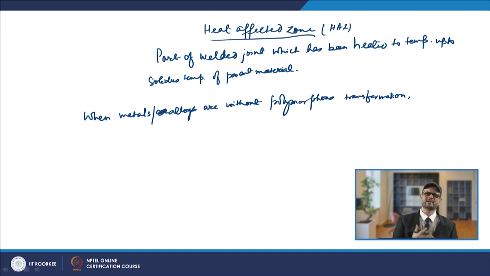If you talk about iron, as the temperature comes down you have delta ferrite, then gamma austenite, then again ferrite, so at different temperatures you have different crystal structures. Metals or alloys without the polymorphous transformation are, for example, copper, nickel or aluminum.